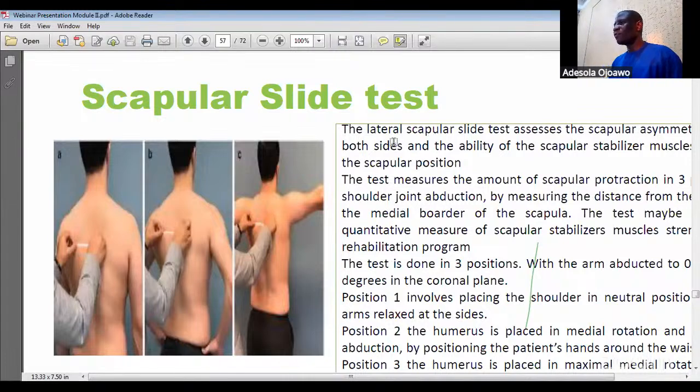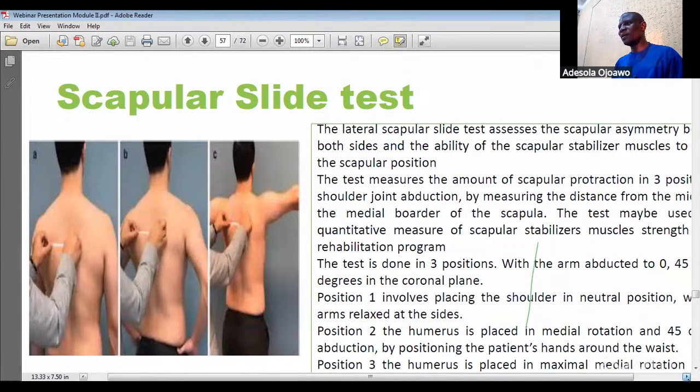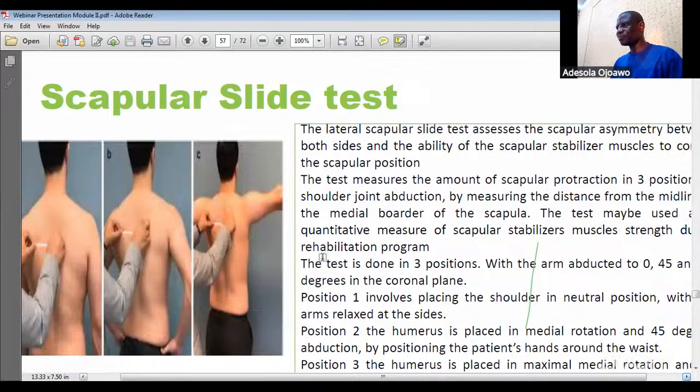We call it the lateral scapular slide test, assessing scapular asymmetry on both sides, and the ability of the scapular stabilizer muscles to keep the scapula in position. We call it the scapular slide test.